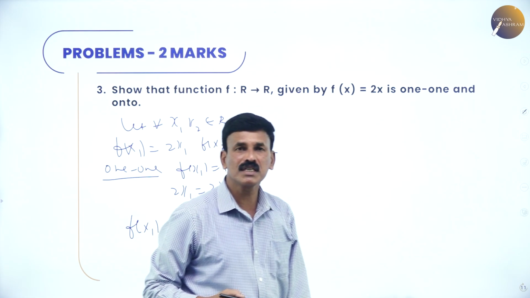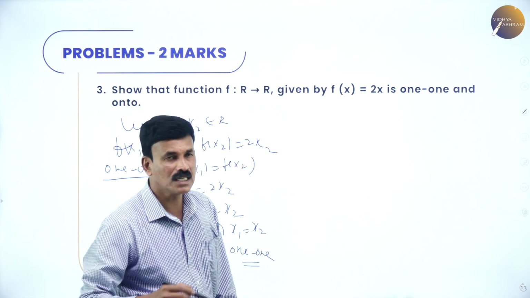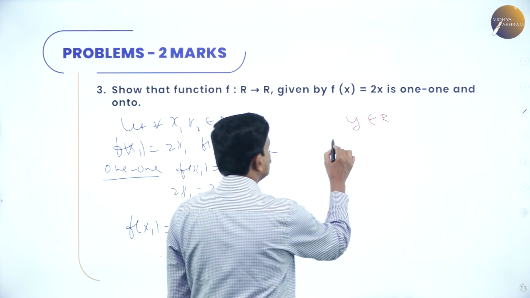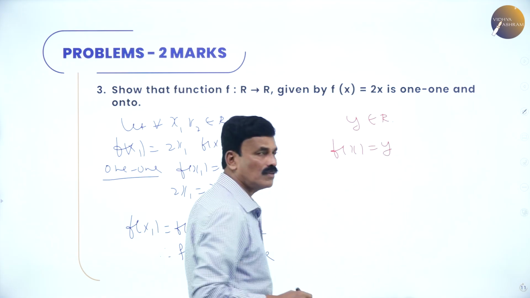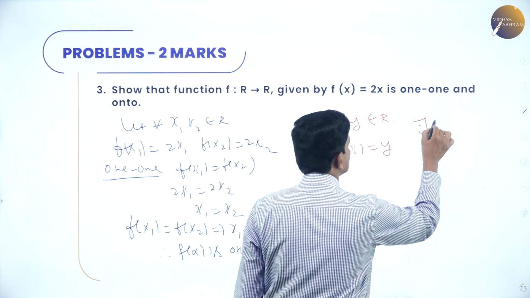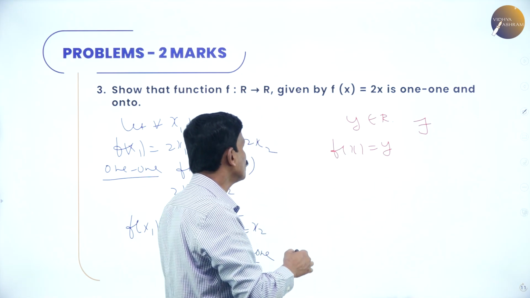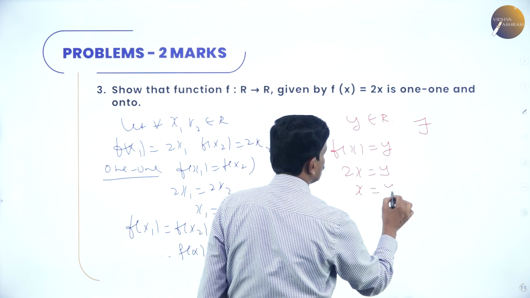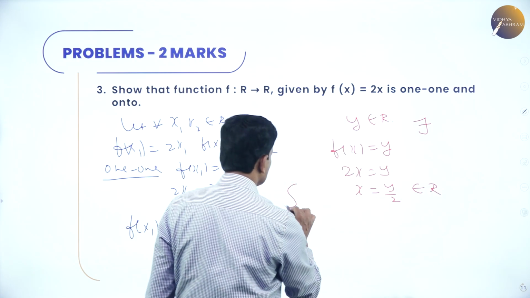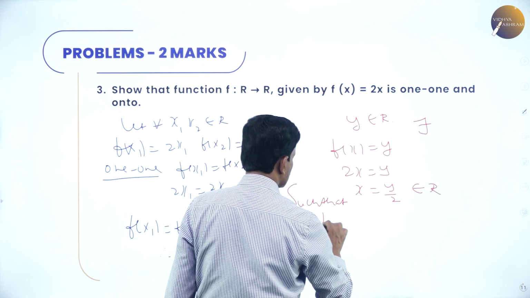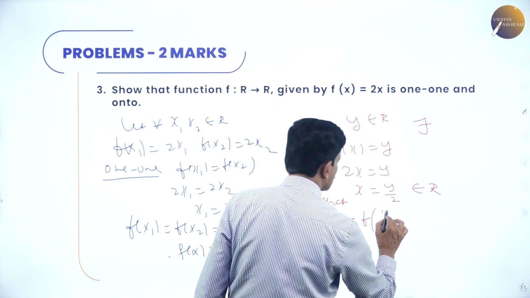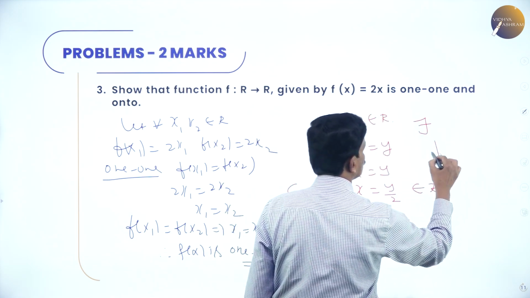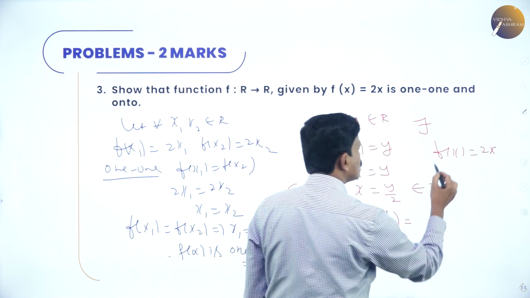Right. Now verify whether it is onto or not. For all y belongs to R, there exists x such that f(x) = y. What is f(x) given? f(x) = 2x = y, and x = y/2 belongs to R. What is f(y/2)? Since f(x) = 2x, just replace x by y/2.